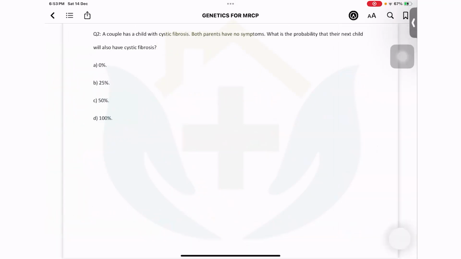A couple has a child with cystic fibrosis. Both parents have no symptoms. What is the probability that their next child will also have cystic fibrosis? 25%. How so? So cystic fibrosis is an autosomal recessive disease.